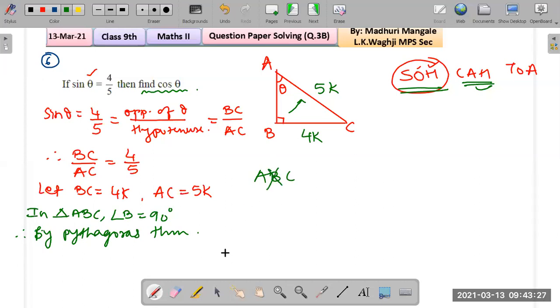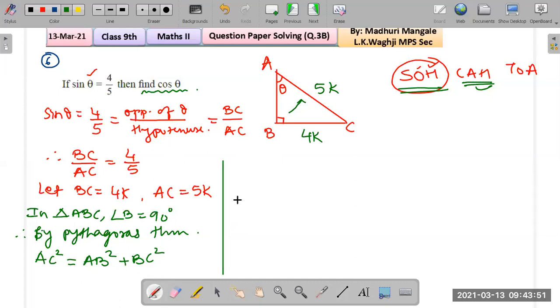Cross out the angle which is 90 degrees. Whatever is left is the hypotenuse. So AC square equals AB square plus BC square. Now you just simplify and find the third side. I hope this is very clear. We are just substituting the values to find the third side.